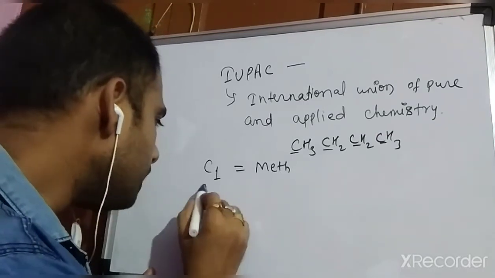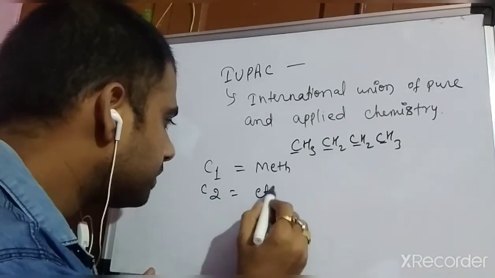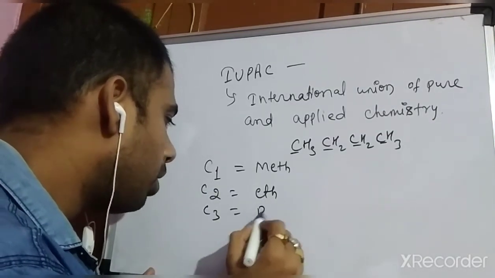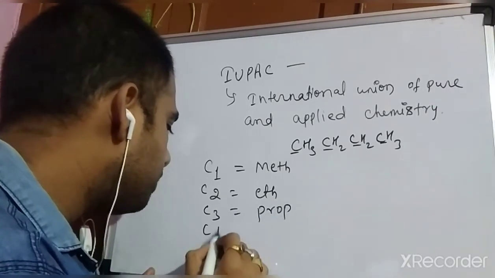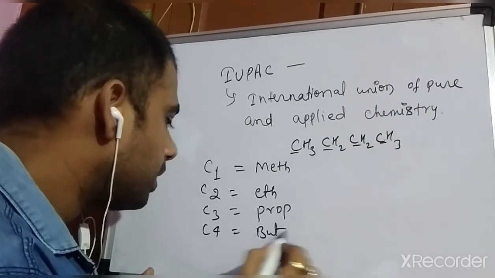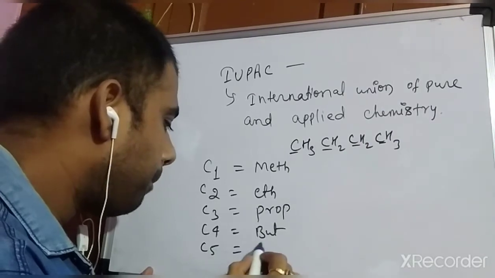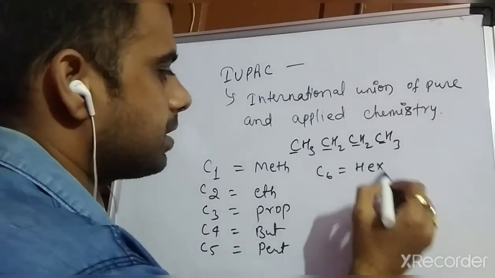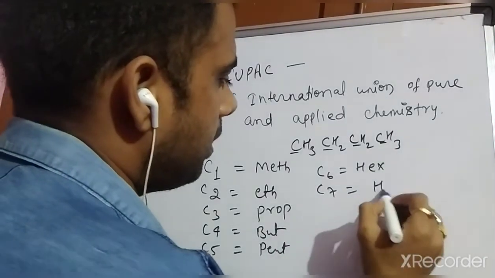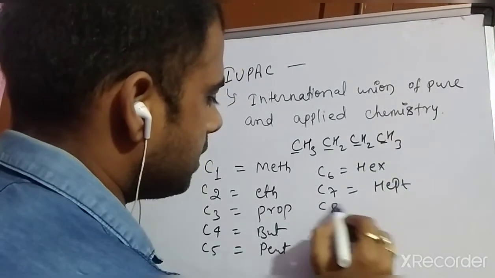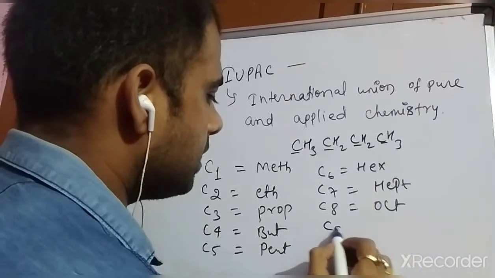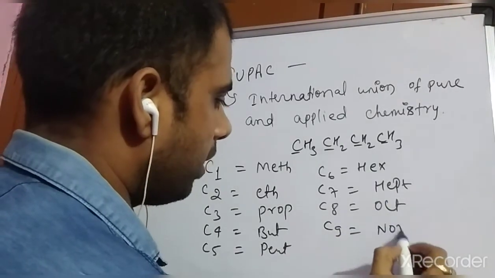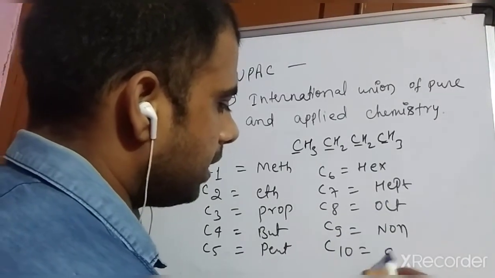Now C2 eth, C3 prop, C4 but, C5 pent, C6 hex, C7 hept, C8 oct, C9 non, C10 dec.